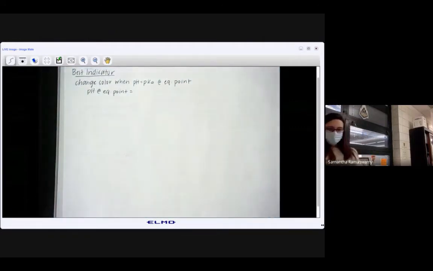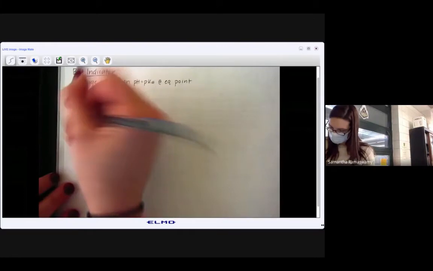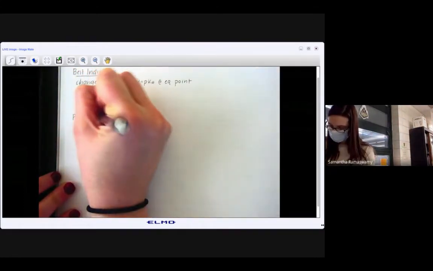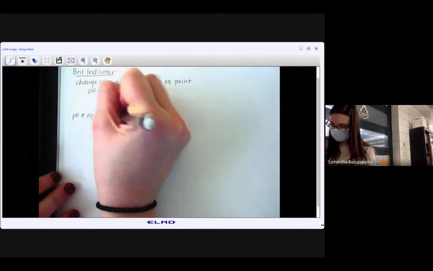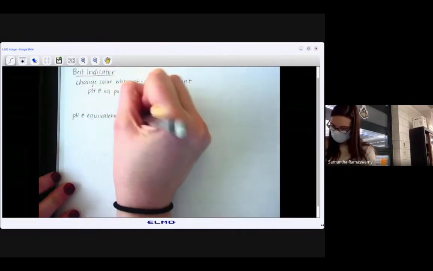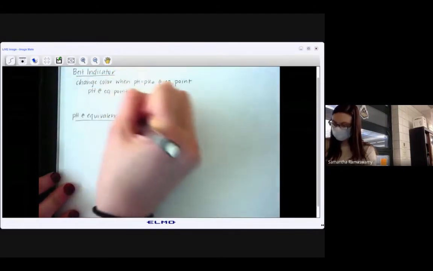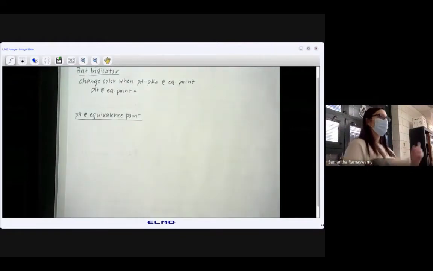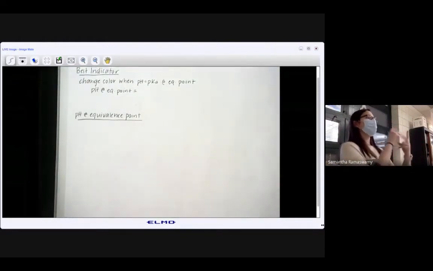So the very last part of this question says calculate the pH at the equivalence point. Calculating the pH when you add two solutions together requires you to go through dilution, stoichiometry, and equilibrium.